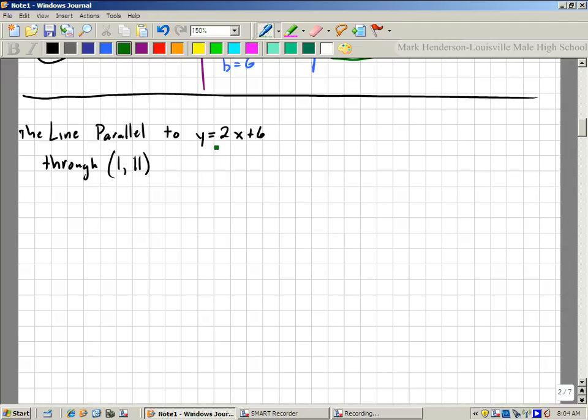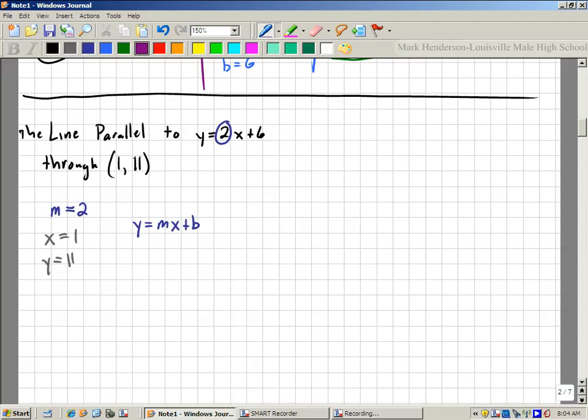All right. So the line parallel to y equals 2x plus 6. Do you all remember how to do this? How much is the slope? The slope is 2 because you use the same slope as the parallel line. X is 1, y is 11, and then we can find b, right? Using y equals mx plus b.